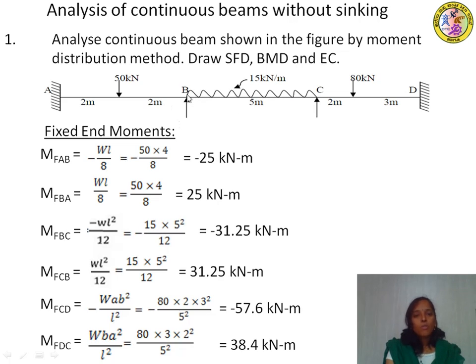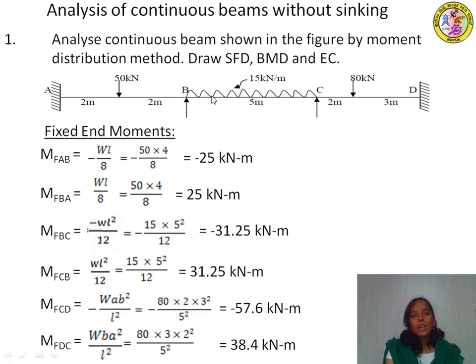So you can observe for joint B, we have got members BA and BC meeting at joint B. The far end condition for member BA is fixed. When the far end is fixed, the relative stiffness will be I by L, and for BC member, since it is continuous, the relative stiffness will also be equal to I by L. Similarly, at joint C, we have got two members meeting, that is CB and CD.